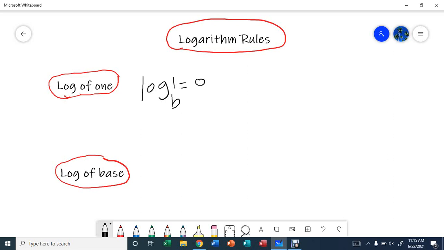So 1 is the x-intercept of the log graph. Natural log of 1 is 0. Log base 10 of 1 is 0. So basically any log of 1 is 0.